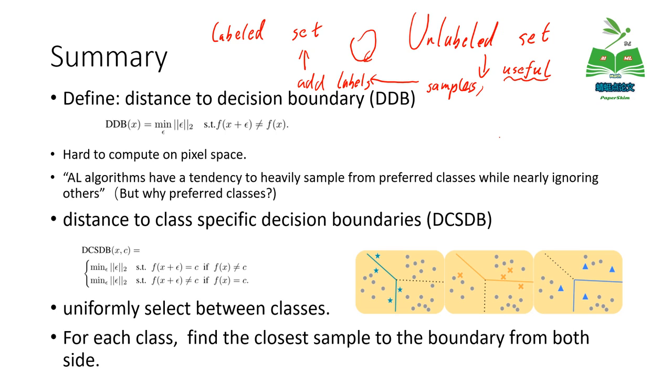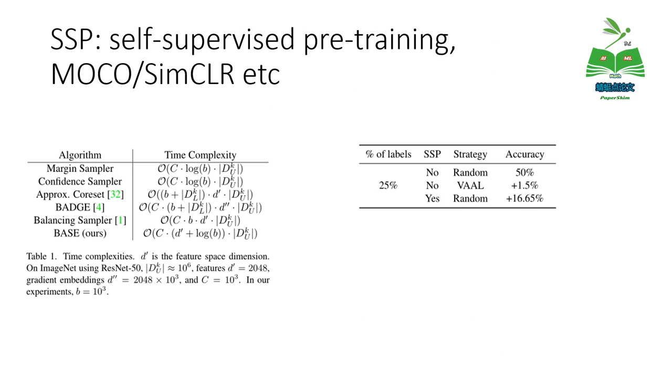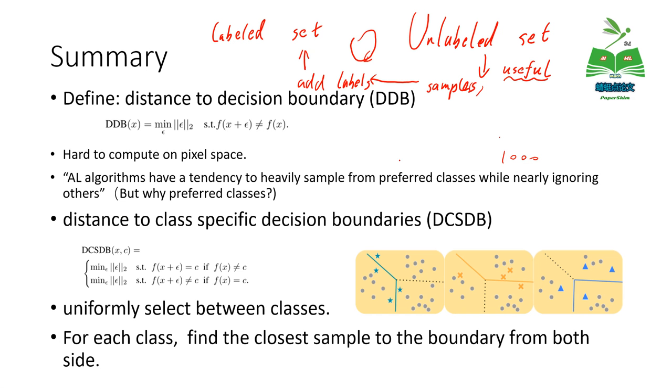Then the second problem is they found the active learning algorithm has a tendency to heavily sample from the preferred classes while nearly ignoring others. For example, ImageNet contains like 1,000 categories. You should know that, right? Then the preferred classes may be just 10 to 100 classes.